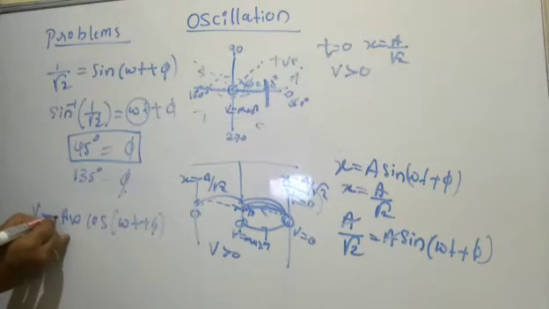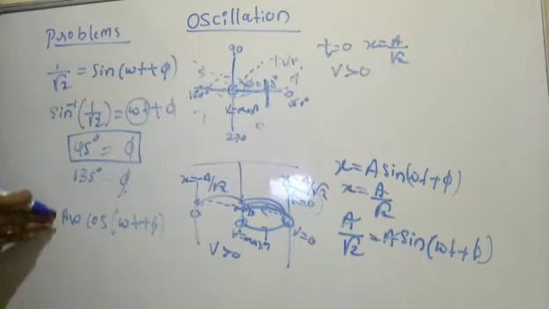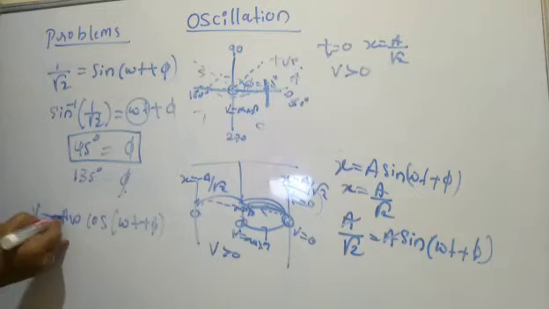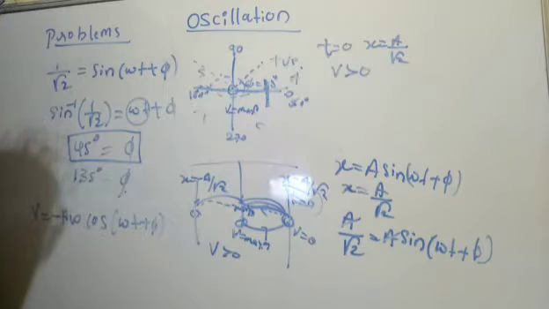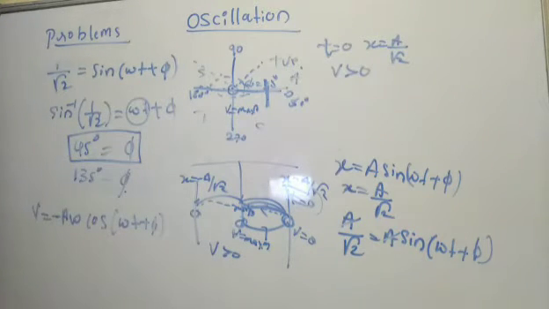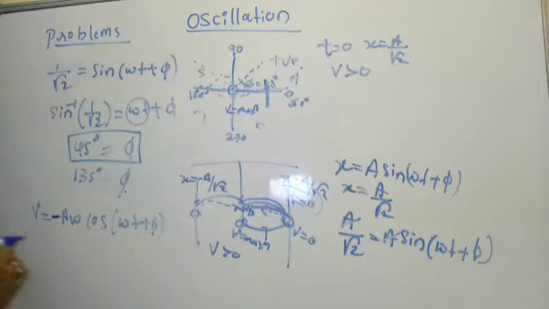So this will be negative. Moving next, after the mean position, it was trying to move towards the negative direction. So for that reason, you should go ahead with the velocity as a negative sign here. So v will be negative sign.